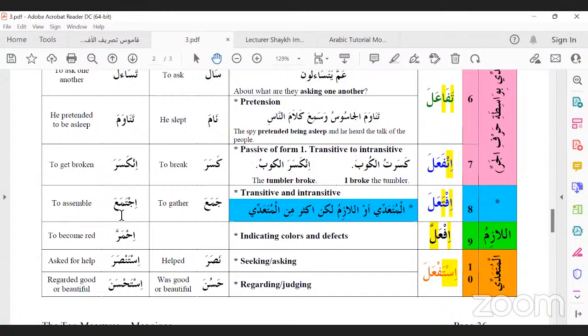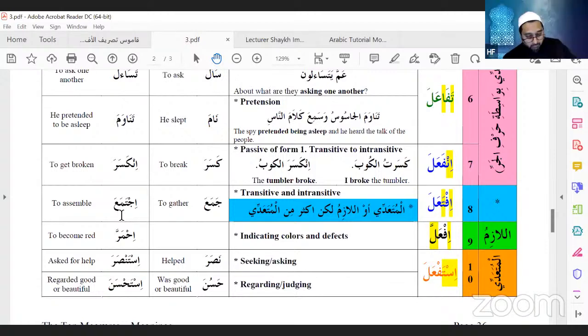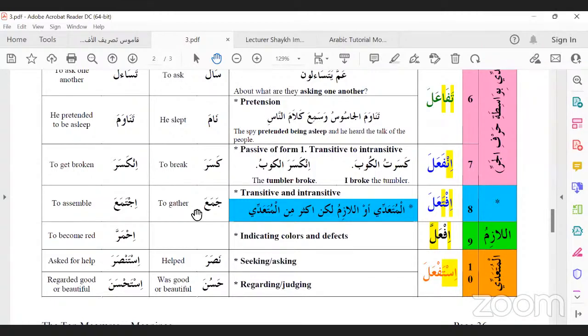To assemble means to gather again the thing which is not together. So the army was dispersed, for example, in the battlefield, and I gathered or assembled them together. I got them together. Right.